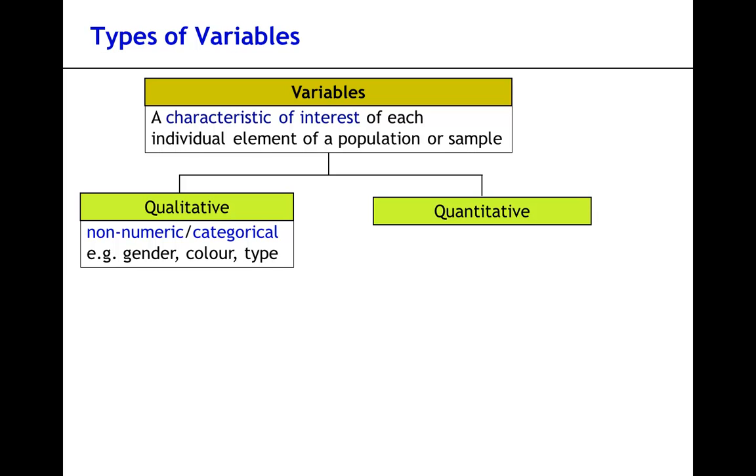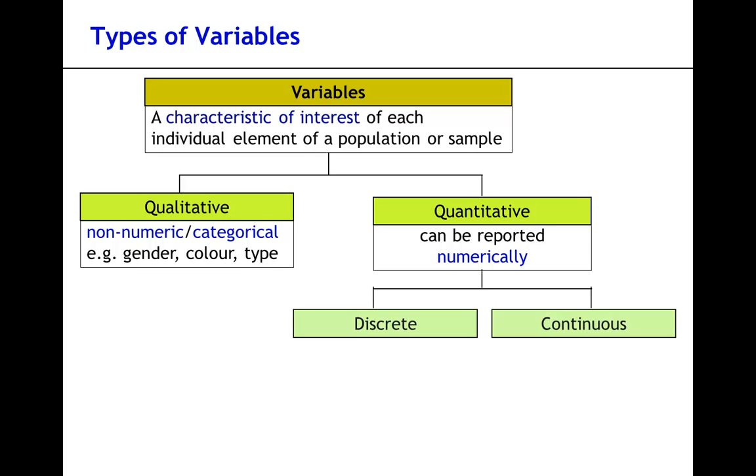Quantitative variables, on the other hand, can be measured and reported numerically, such as age, weight, and height. Quantitative variables can be divided into two types, discrete and continuous. Discrete variables arise from counting.